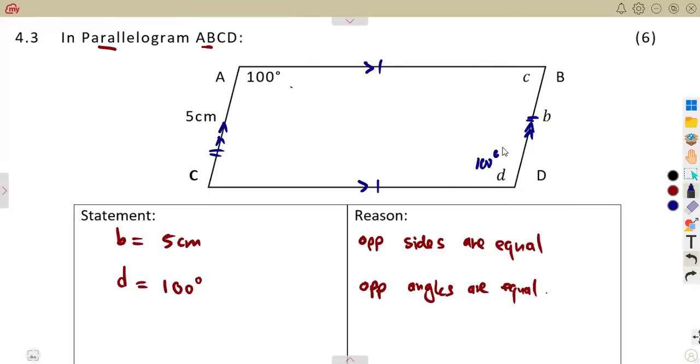You can also use the co-interior angles from this side, whichever way you want. So C will be 180 degrees minus the 100, which is 80 degrees.